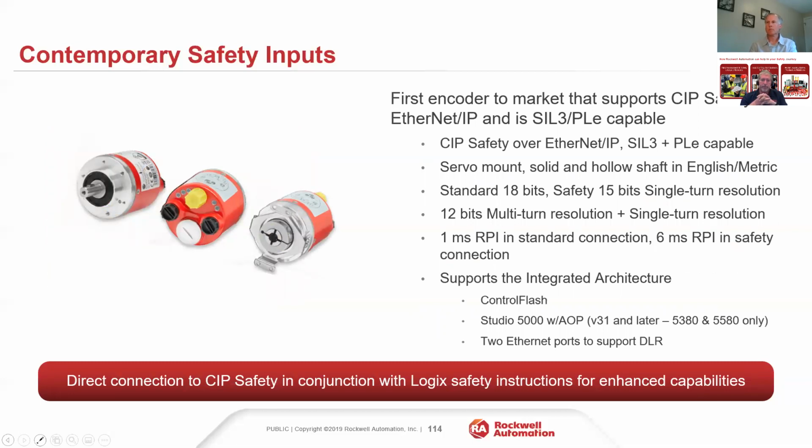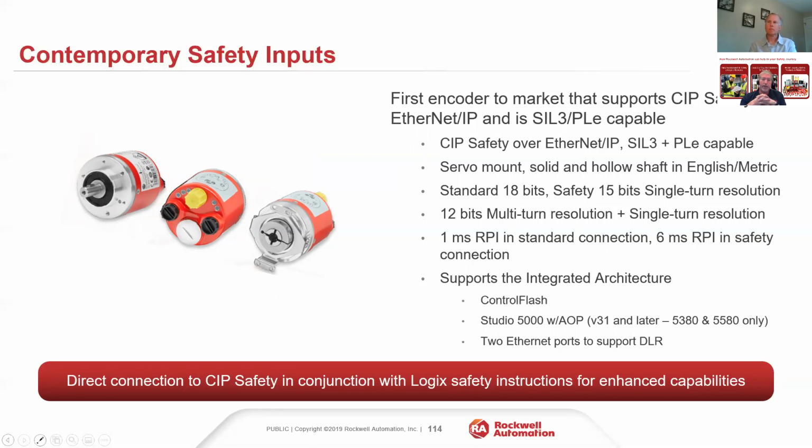And the last input device that I'll talk about is something just a little bit different, which is what we mentioned previously, the safety encoder. This product really allows us to do very different applications, or applications that we previously would do a very different way, a much simpler way in a lot of cases.